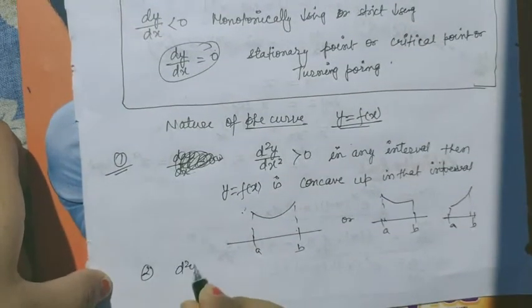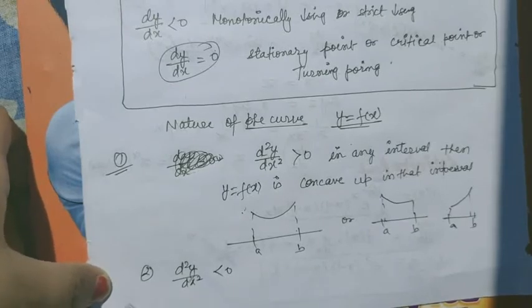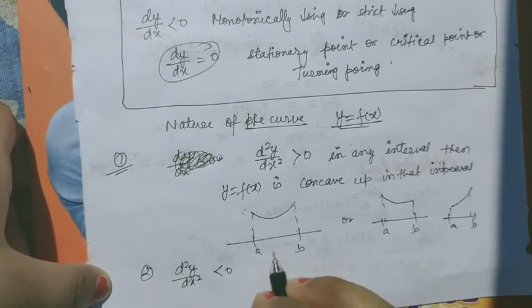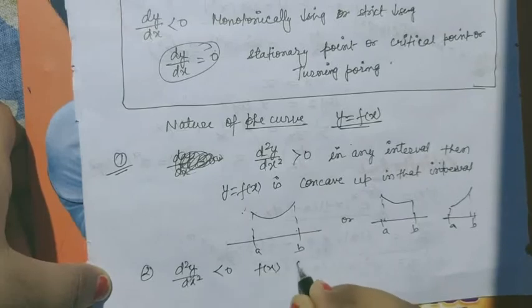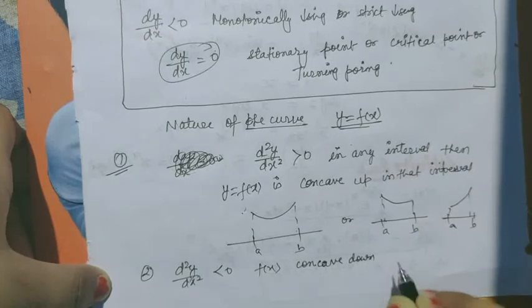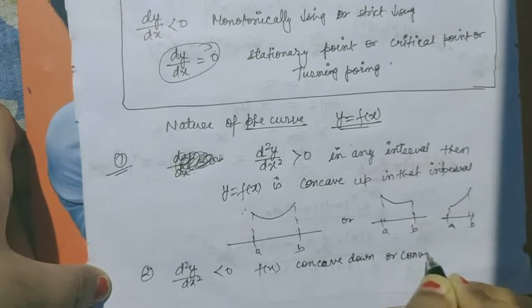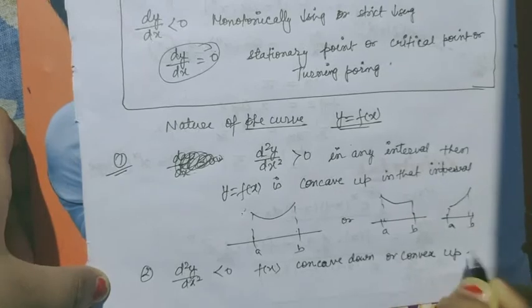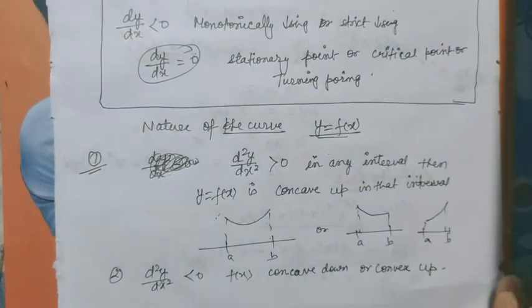Now when d2y by dx square is less than 0 in any interval, then f(x) is concave down or convex up in that interval.